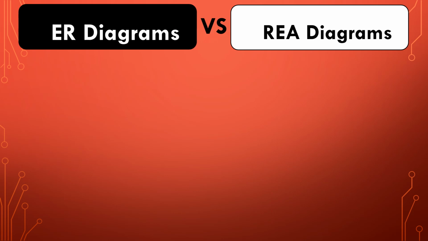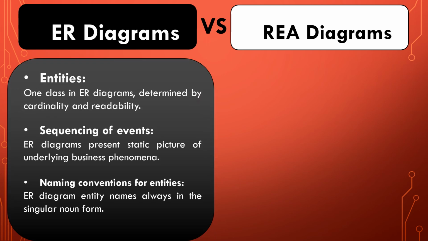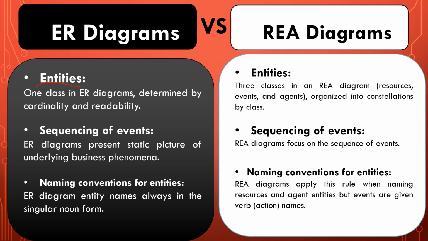So here let's discuss the differences between the ER diagram and the REA diagram. In the ER diagram, the entities involve one class, determined by cardinality and readability, whereas under the REA diagram there are three classes: resource, events, and agent, organized into a constellation by class.